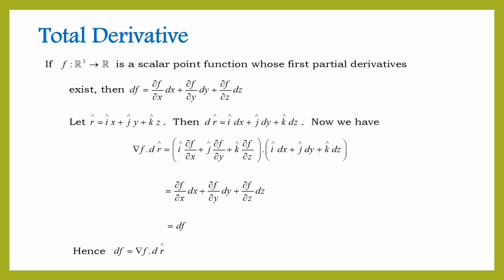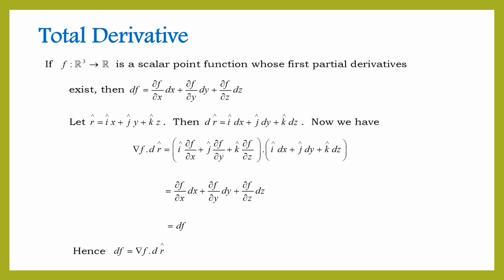Now, let us take the dot product between the gradient of f and this dr cap. If del f is dotted with dr cap, let's see what happens. Del f dot dr cap equals i cap ∂/∂x plus j cap ∂/∂y plus k cap ∂/∂z, dotted with i cap dx plus j cap dy plus k cap dz.